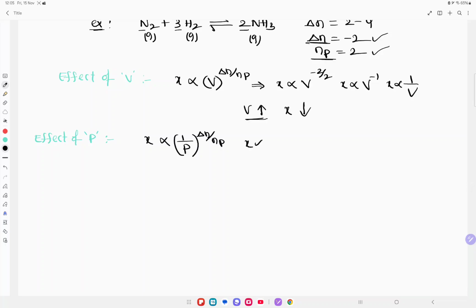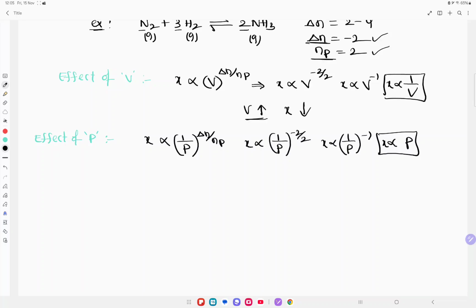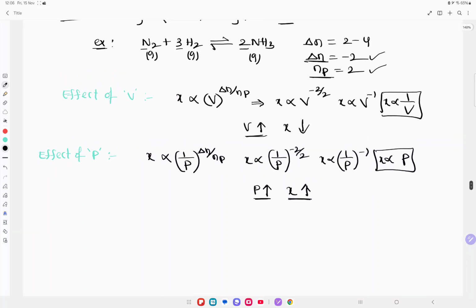So X is proportional to 1 by P power minus 2 by 2, that is minus 1, so X is proportional to P. So when the partial pressure of reactant molecules increases, the degree of dissociation increases. For this type of reaction, whenever delta n is negative, when the partial pressure of reactant increases, the number of moles of reactant molecules dissociated will also increase.